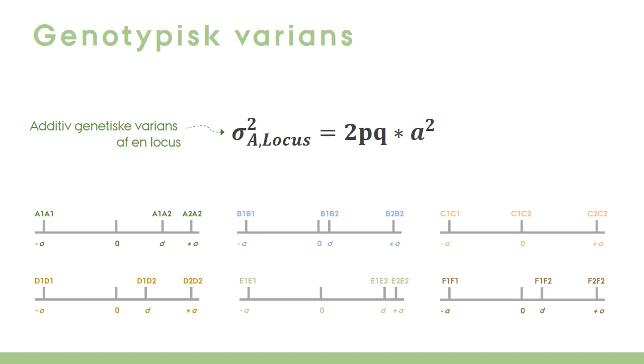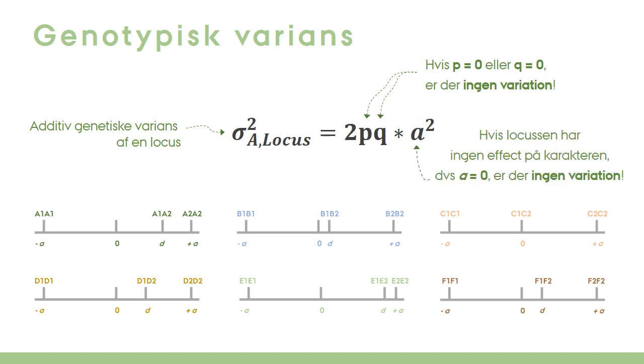Now let's take a look at how that variation is influenced by, for example, an allele frequency of 0. So imagine now that you have a p of 0. That would mean that all your alleles in the population would be the same. And that would mean that all the individuals have the same genotype, which means that for that specific locus, there is no genetic variation.